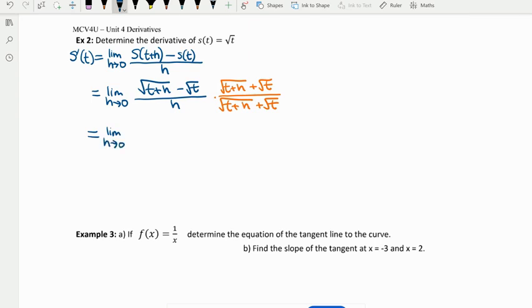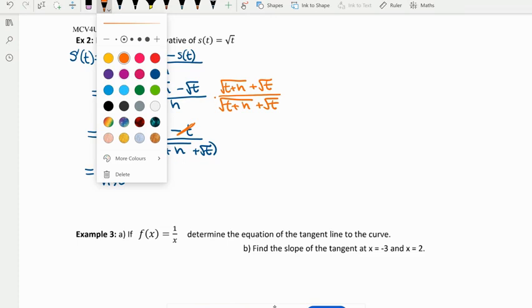So the first square root squared gives you t plus h, minus the second square root squared, which is just minus t, over h. I'm not going to expand my brackets out. Simplifying a little bit, t and negative t will cancel each other.